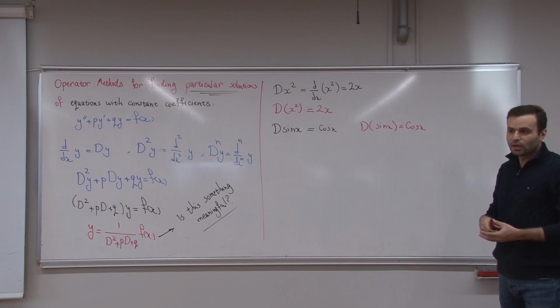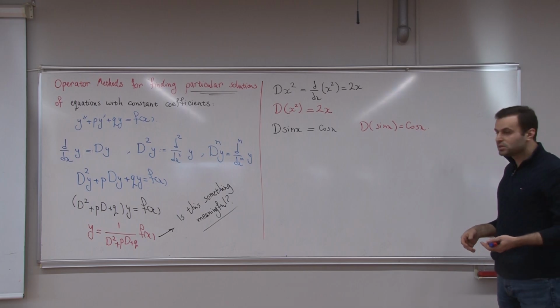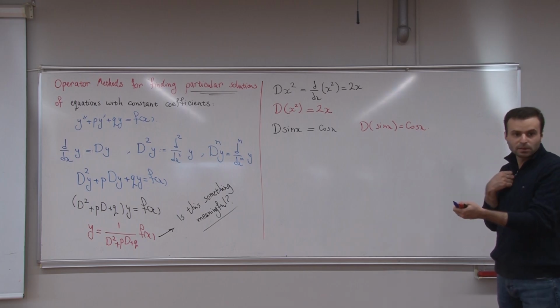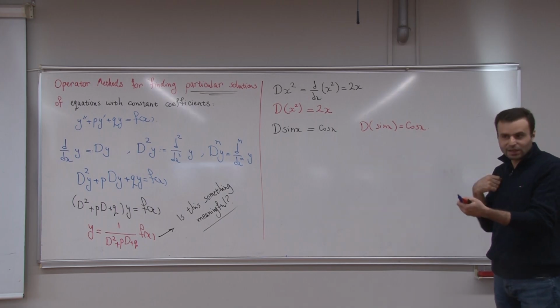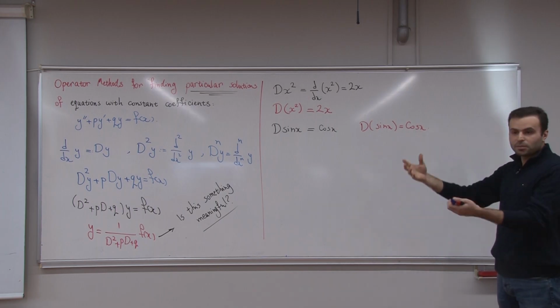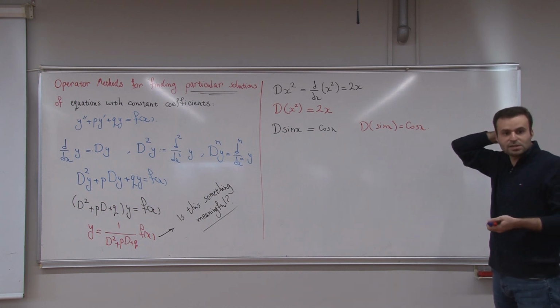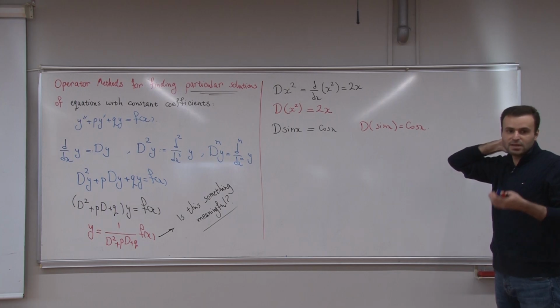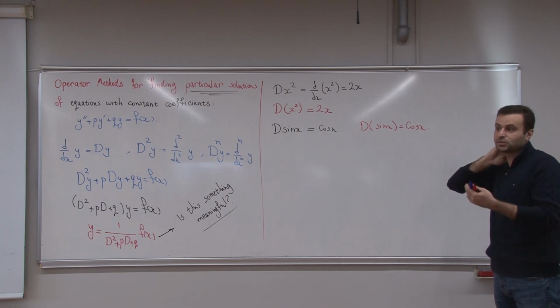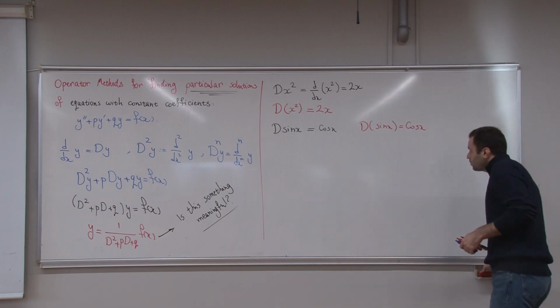Operators are again themselves functions, but this time, instead of plugging in a number and getting out a number, we are plugging in a function and getting out a function. Okay? This is the whole case. We need to look at functions in a different way, or extend the meaning of the function.